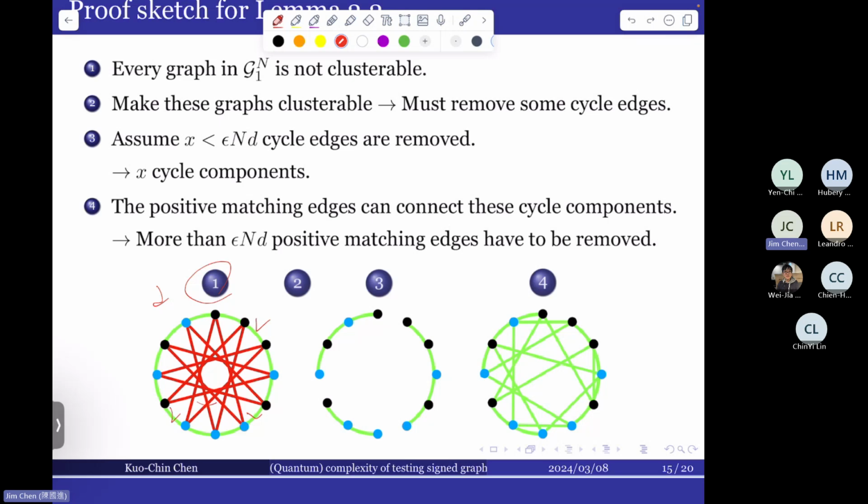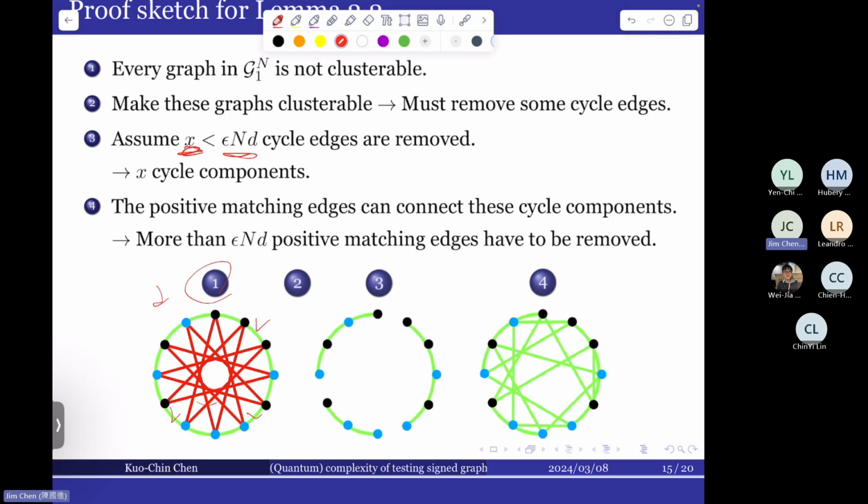So let's assume we remove X cycle edges, which is a number smaller than epsilon nd edges, since if X is larger than epsilon nd, then the graph is not clusterable.